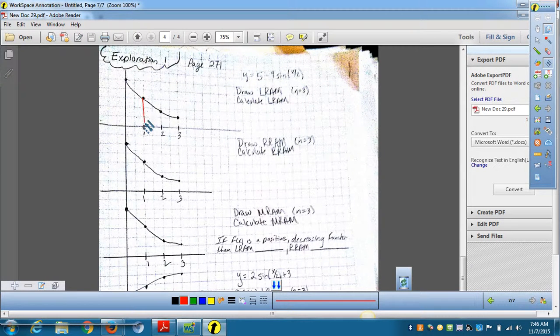When you do this, your subintervals will be here, here, and here. And the first one we're doing is a left rectangular approximation.